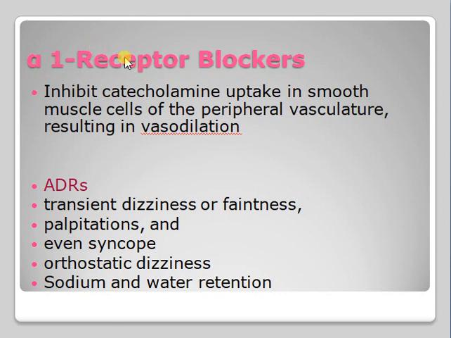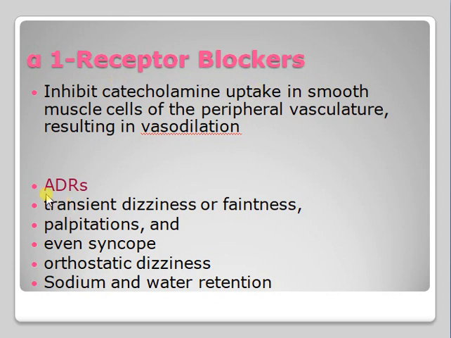If binding is prevented, its uptake into the vascular muscle is also prevented, vasoconstriction will not occur, and this results in a vasodilatory effect. It causes a reduction of blood pressure as well as of peripheral vascular resistance. That is the basic mechanism associated with alpha 1 receptor blockers.